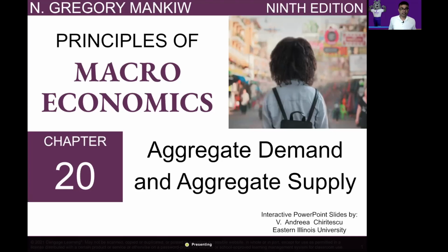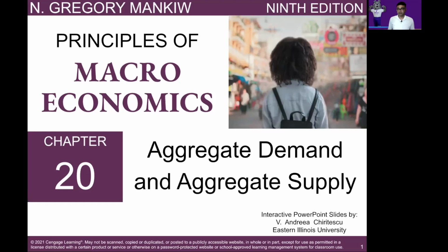So good morning, everybody. Today we'll talk about aggregate demand and aggregate supply. This is perhaps the most important of the macro chapters. It develops the model of aggregate demand and aggregate supply. This model is widely used by many economists, policymakers, journalists, and business people.